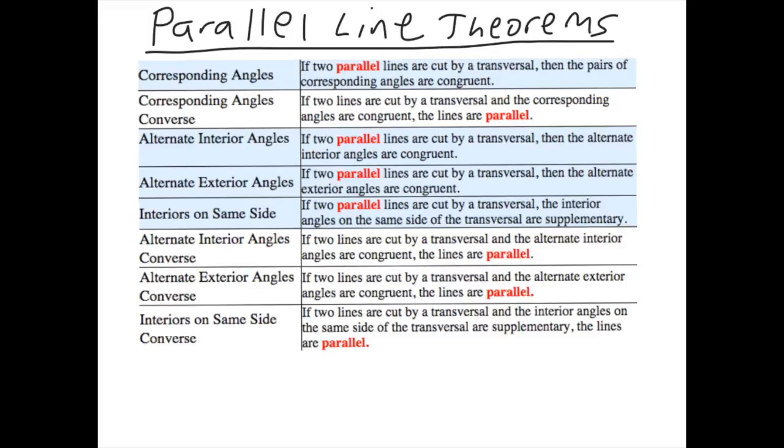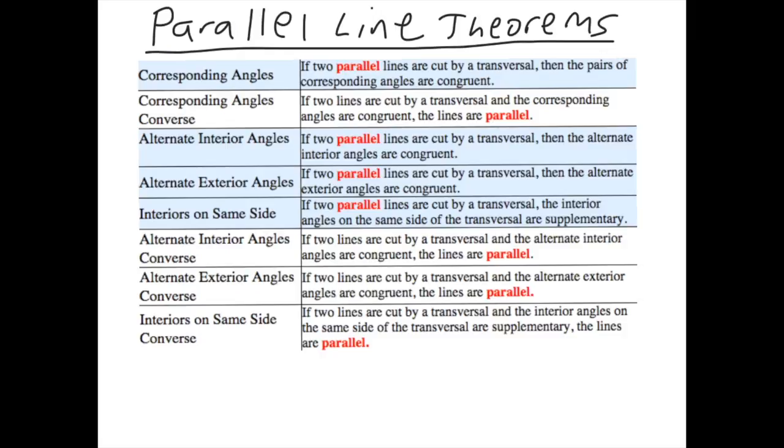The converses say it in the other direction. Using the corresponding angles for example, if two lines are cut by a transversal and the corresponding angles are congruent, then the lines are parallel.